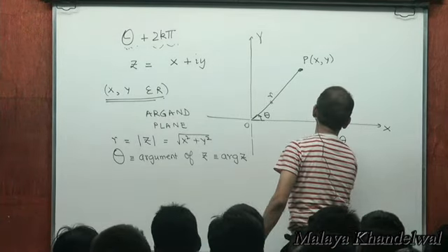Why we will not use 0 to 2 pi, I'll come to that also. Minus pi to pi covers all possible orientations of this rotating line OP, so you don't want to restrict. The P could lie anywhere.